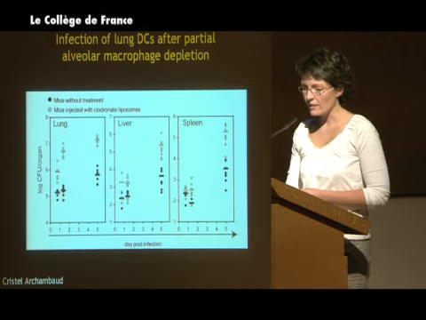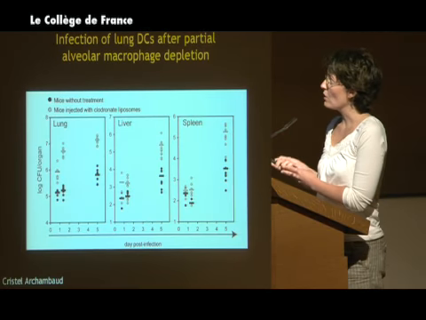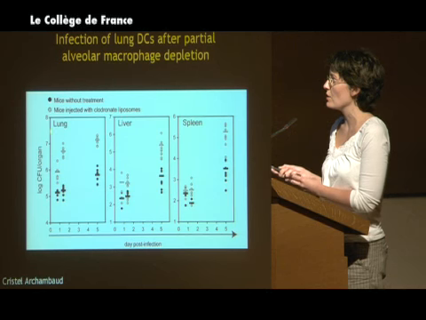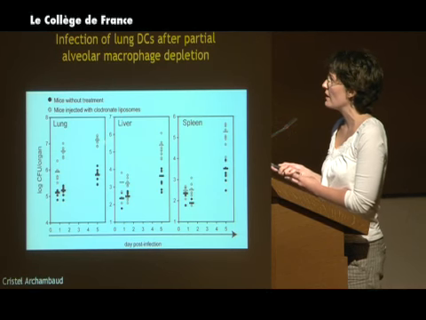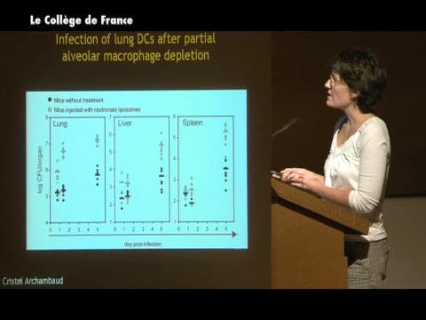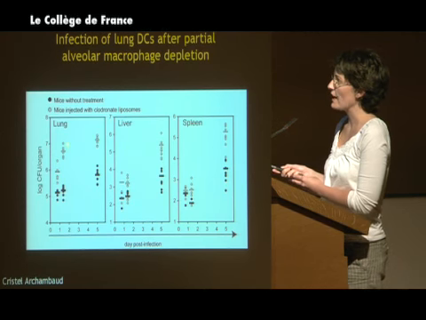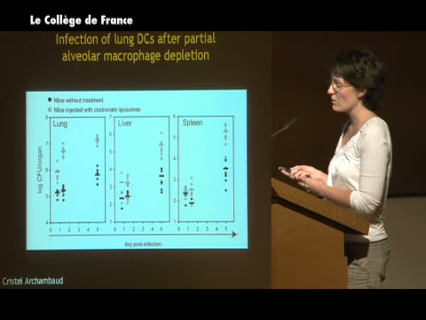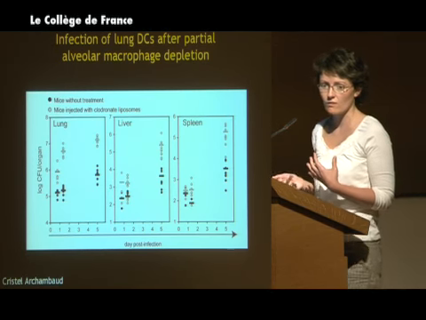And when this happened, we saw a much higher replication of bacteria in the lung early on when you deplete macrophages, so this corresponds to these lighter colored circles. And you can see much higher levels of bacterial counts in the lung and also higher dissemination to the liver and spleen. So the macrophages are really important to contain the infection in the lung.